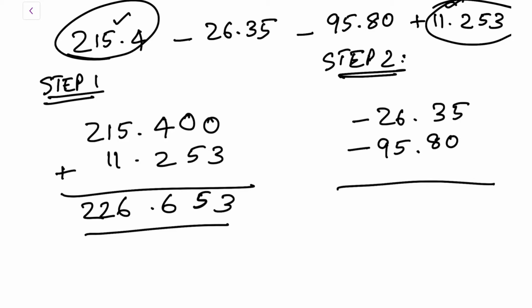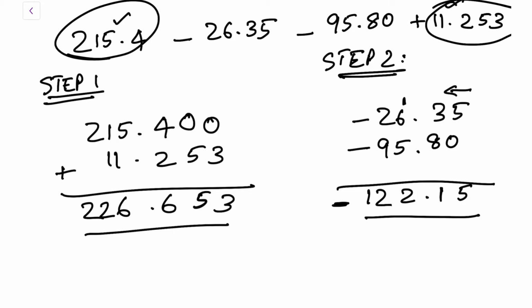Remember, when there are 2 negative numbers, you just have to add both and put the negative sign at the end. So let's do the addition. 5 plus 0 is 5, 8 plus 3 is 11, 7 plus 5 is 12, 10, 11, 12, 122.15, but I'm going to put a negative sign. This is your step 2.